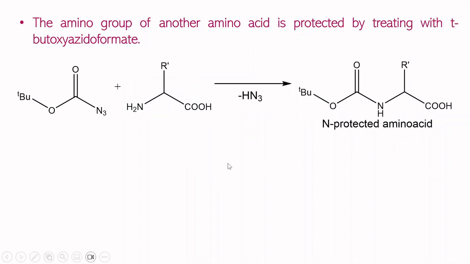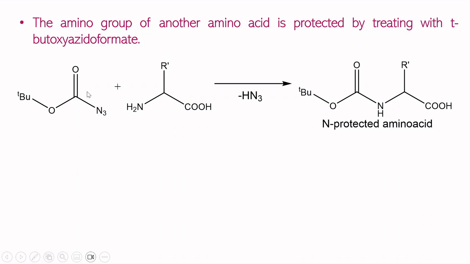The next step, take another amino acid and protect the amino group of the second amino acid using tertiary butoxy azidoformate, tertiary butyl OCON3.